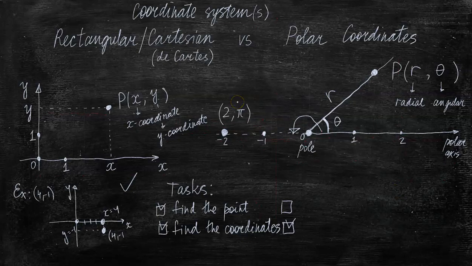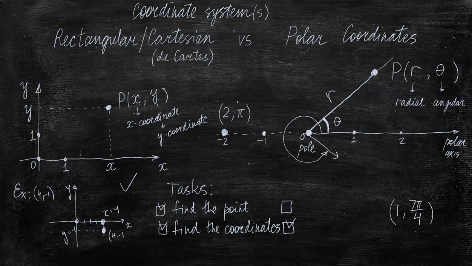All right, let's find the point (1, 7 pi over 4). Where would that point be? Well, first we have to turn 7 pi over 4. So 7 pi over 4 will take us all the way into the 4th quadrant.